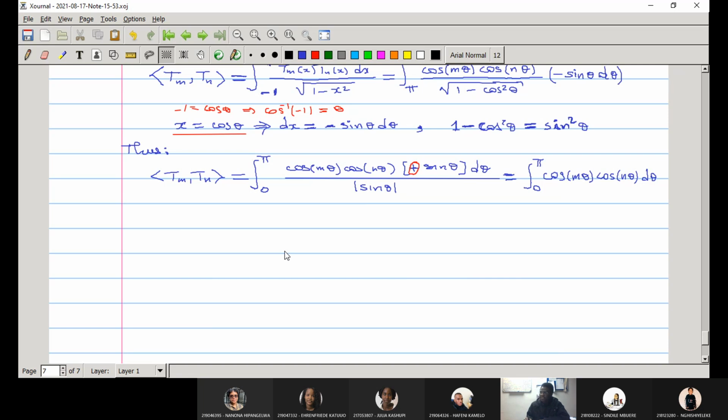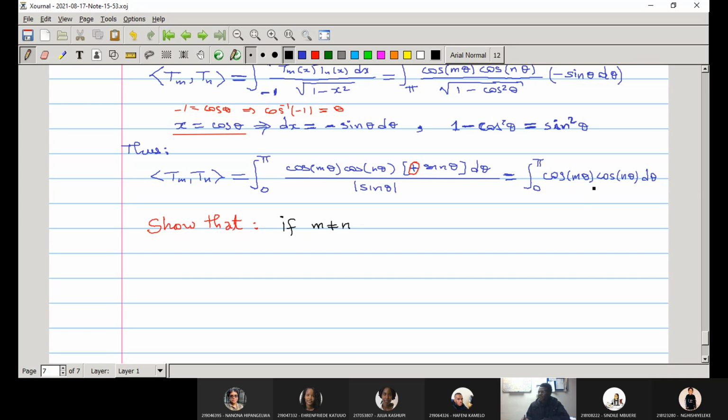Now from here, you should show that if m is different from n, you can expand this.